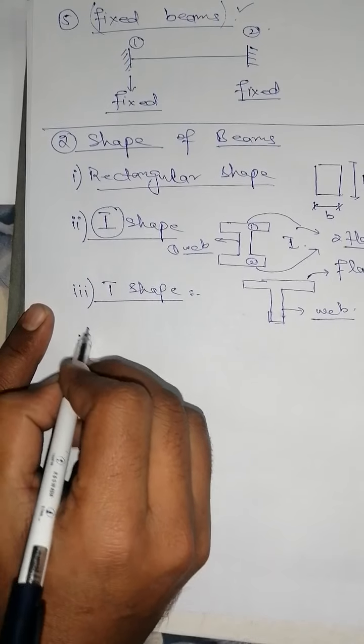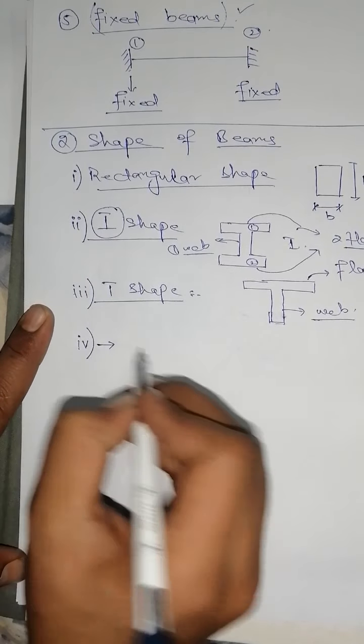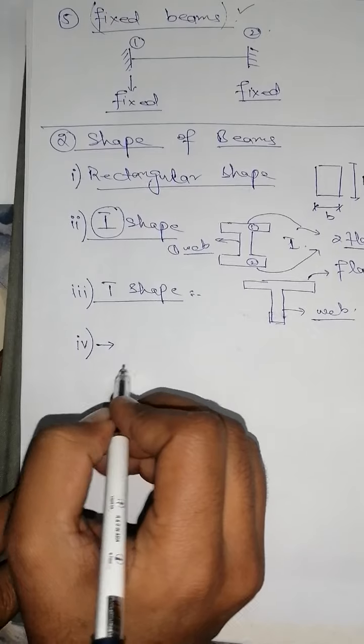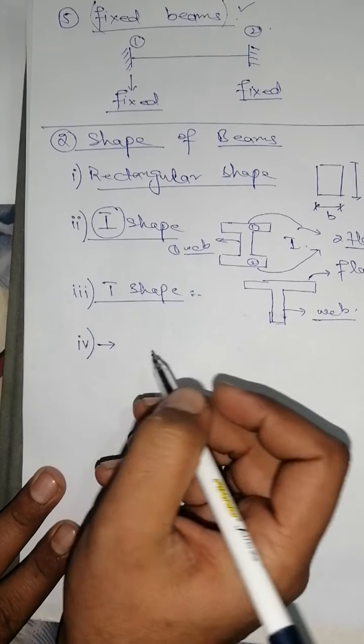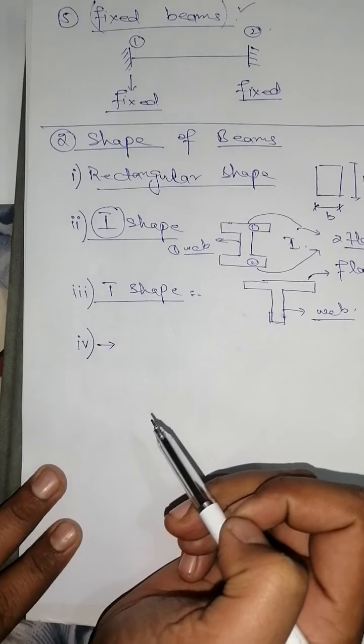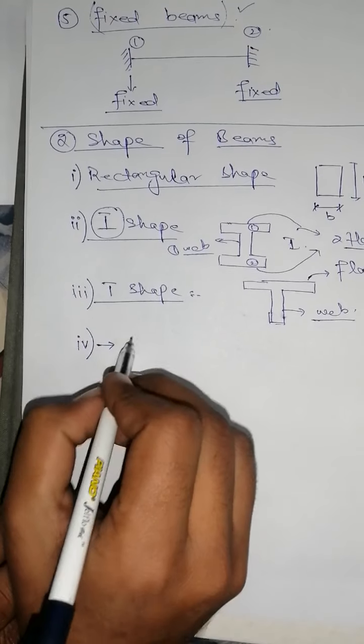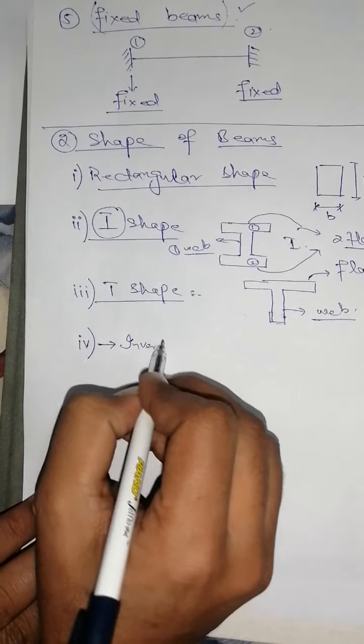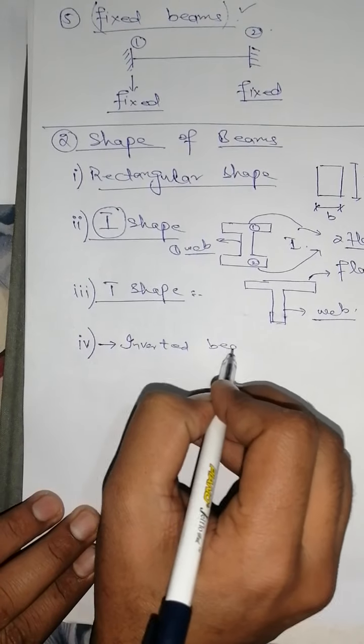So fourth type of shape of beam: rectangular shape, I shape, T shape, or fourth type may be inverted beams.